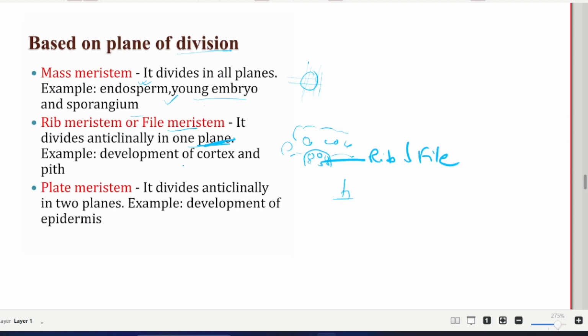An example is the development of cortex and pith, that is, it helps in the development of the ground tissue. And the third one is the plate meristem, which divides anticlinally in two planes. In case of rib meristem, it divides in one plane; in case of plate meristem, it divides in two planes. And the example is the development of epidermis.